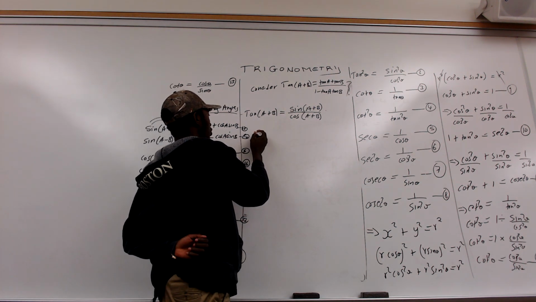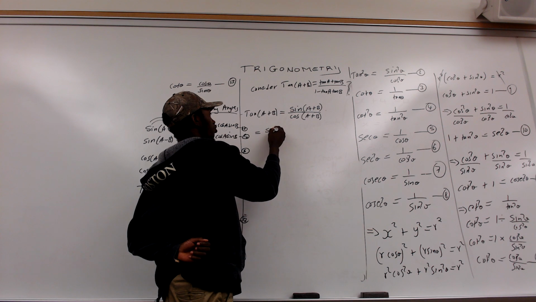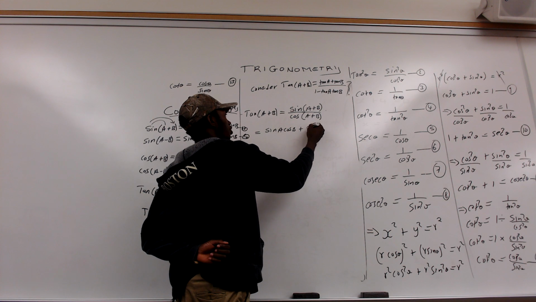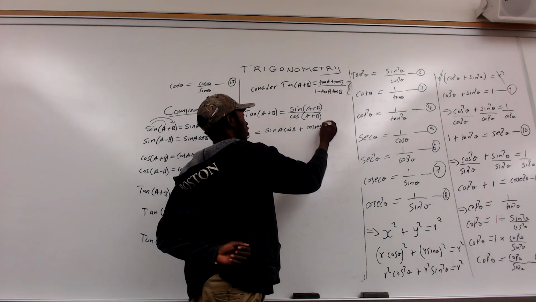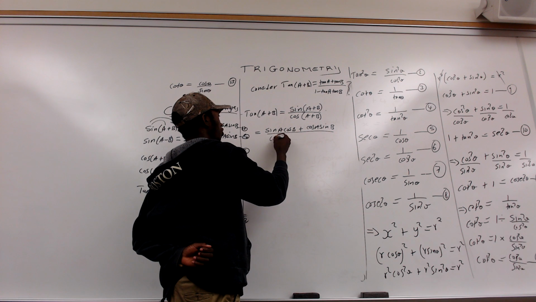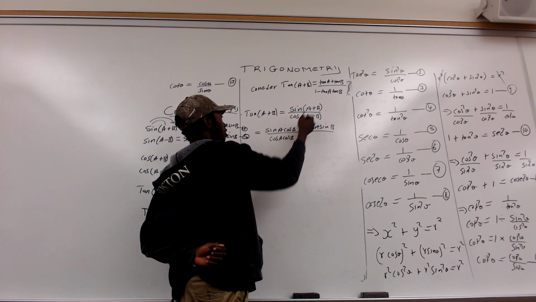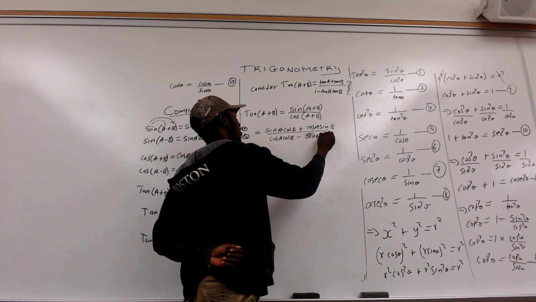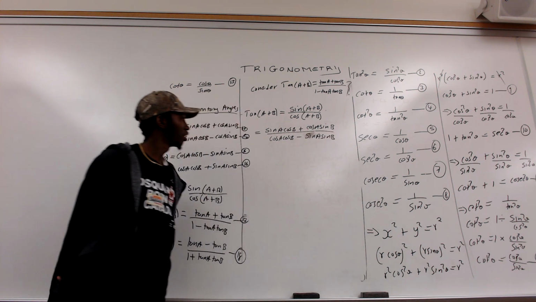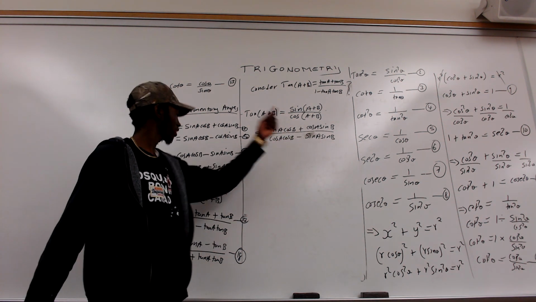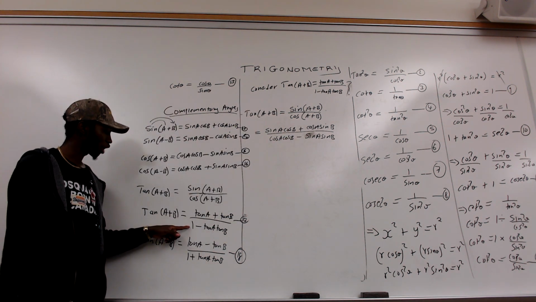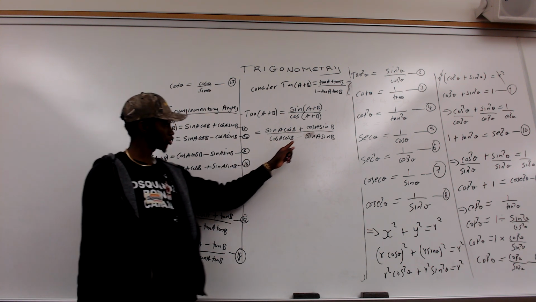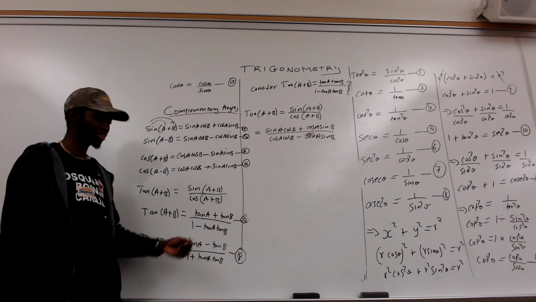If we expand, this is going to be sin A cos B plus cos A sin B, divided by cos A cos B minus sin A sin B. But if you compare this expression with what we want, there is a 1 in the target and no 1 here. We are fortunate we have the minus. This is quite different from what we want.